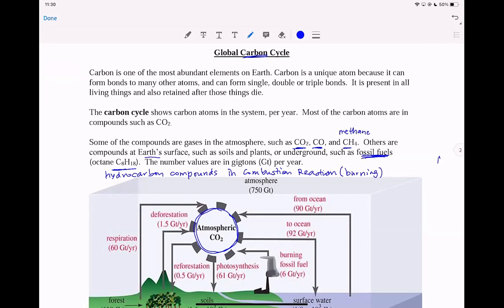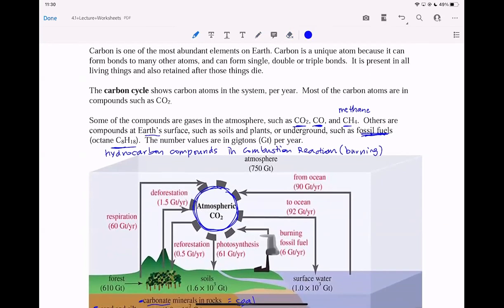And so fossil fuels are useful in that way, but there's a downside to that. The burning of fossil fuels has led to atmospheric carbon dioxide levels increasing through the decades since the beginning of the industrial era. So there's carbon in the system. Some of it is moving through the system and some of it is underground.